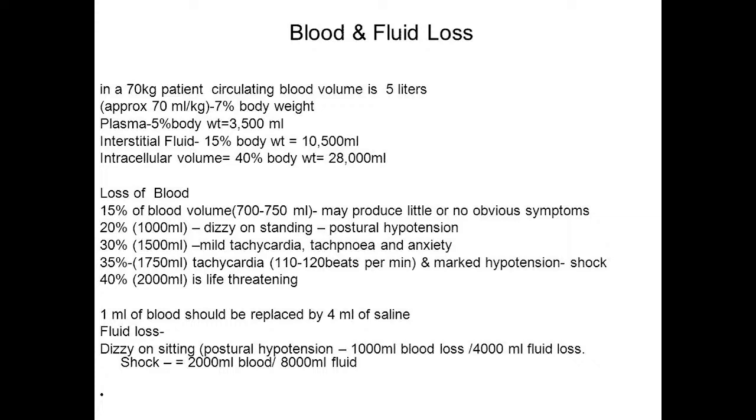Plasma from this blood consists of 5% of body weight, and about 3,500 milliliters in a patient with 70 kilograms weight.